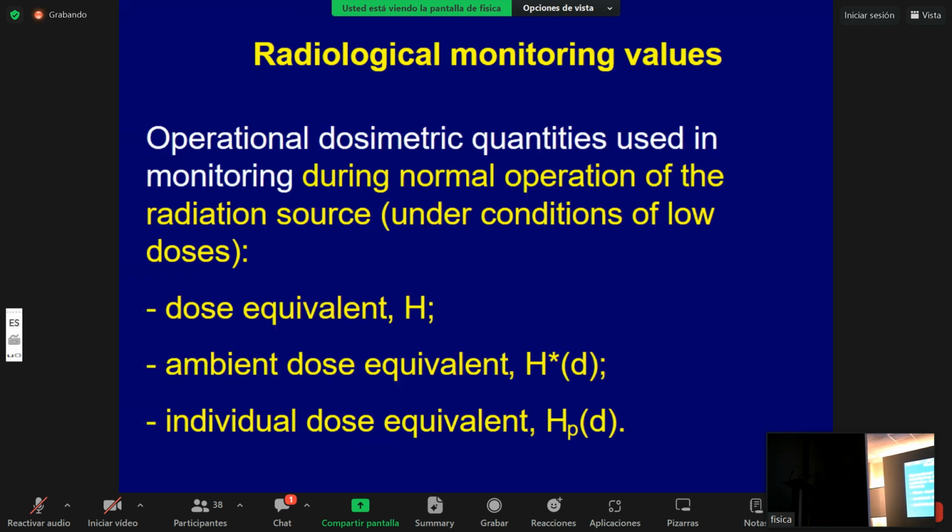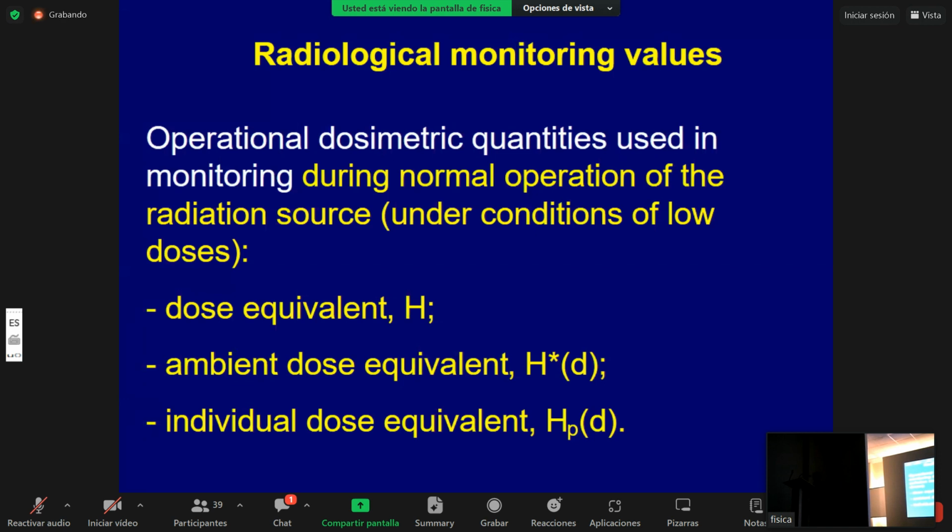Normalized values, equivalent and effective doses, cannot be directly measured. They can be calculated from measurements of basic dosimetric quantities characterizing the radiation field, or estimated from measurements of operational dosimetric quantities characterizing the radiation field and its interaction with the human body. So external exposure monitoring uses dose equivalent as a main quantity for evaluating other radiation monitoring quantities.